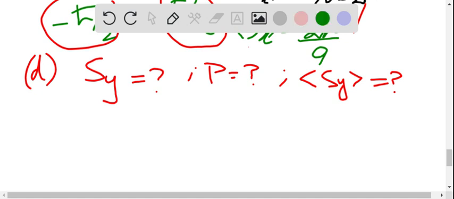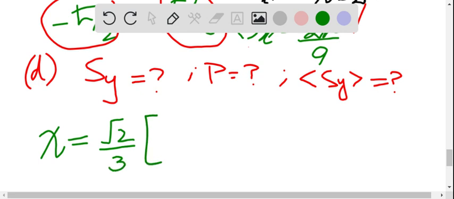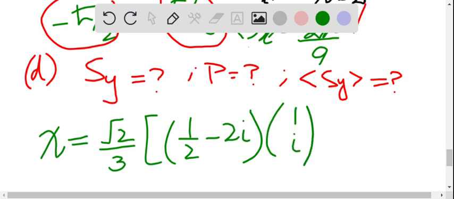I'm just going to write down the basic equation. You can do the math yourself. So we have chi is equal to root 2 divided by 3 times [1/2 (2 minus i)(1, i) plus 1/2 (1, negative i)], right?